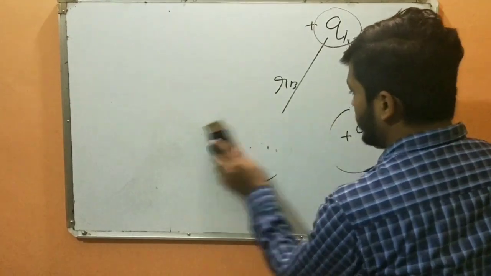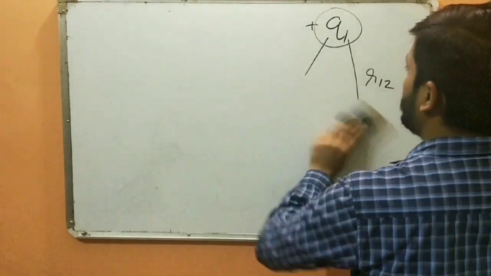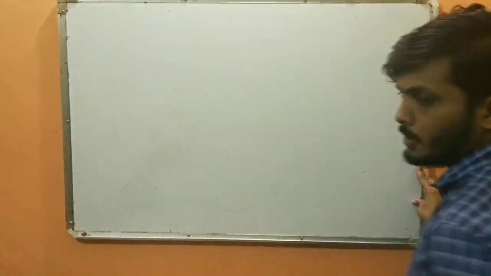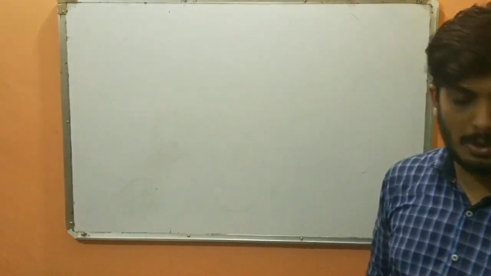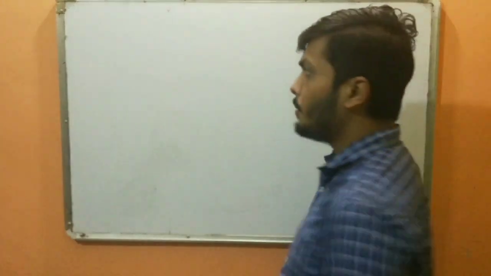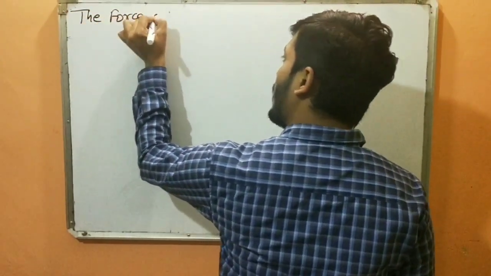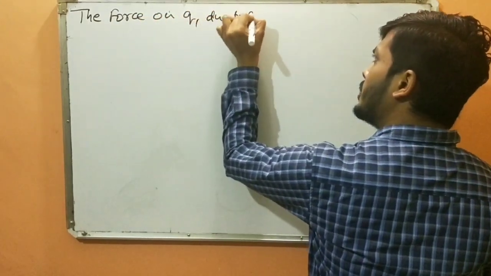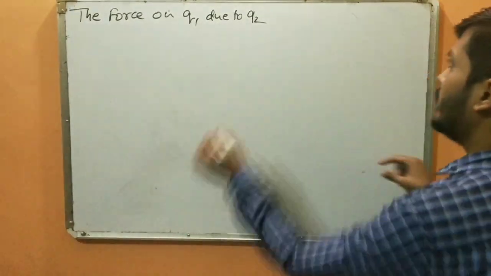Okay, so first you write the consideration. What consideration should be written? Consider three point charges Q1, Q2, Q3 separated by a distance R12 from Q1 to Q2, R13 from Q1 to Q3. And here we are interested to find the net force on that charge Q1. Now the force on Q1 due to Q2, what will it be?